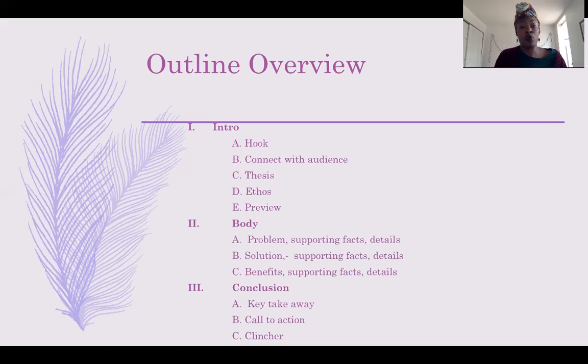Your body, so you have the problem, right? And then you have supporting facts and details about that problem, right? So that's with the data, the quotes, and statistics. Then your solution, supporting facts and details, more data, quotes, statistics that support why the solution is effective. And then you have the benefits, supporting facts and details and quotes about that.